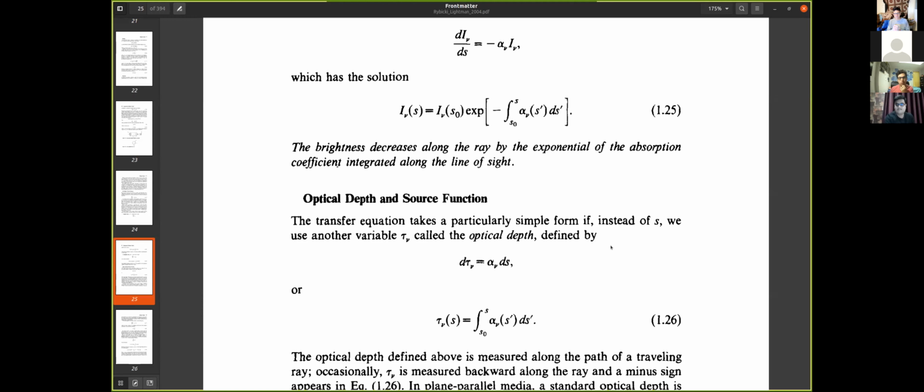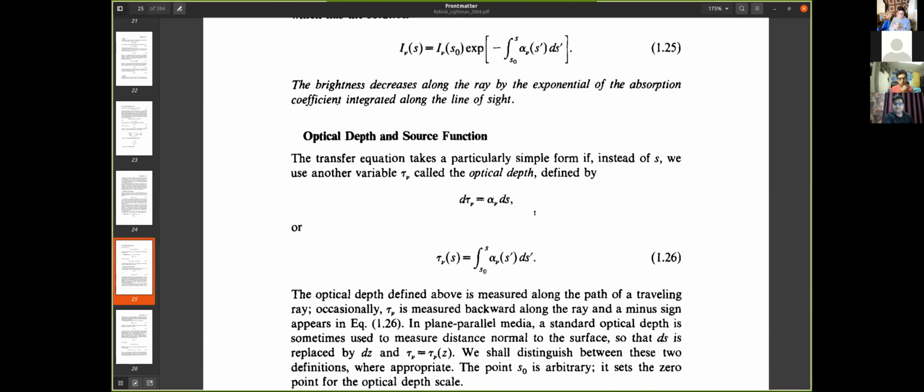If you want, you can share screen. Yes. So is my screen visible?